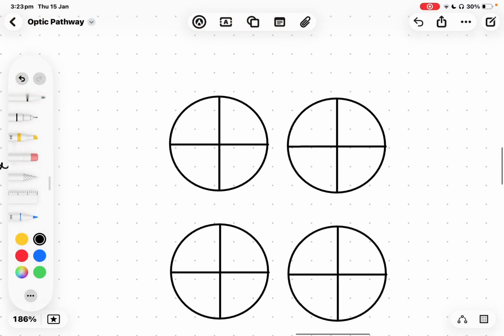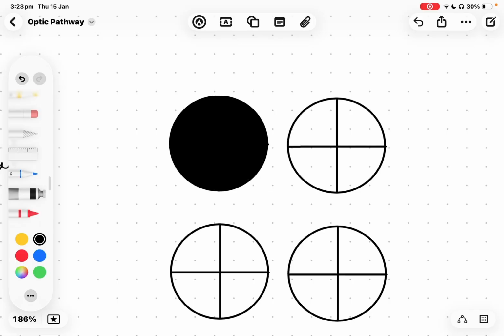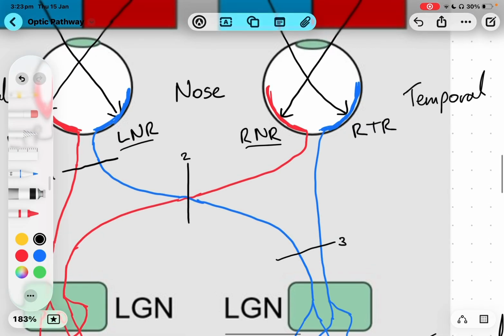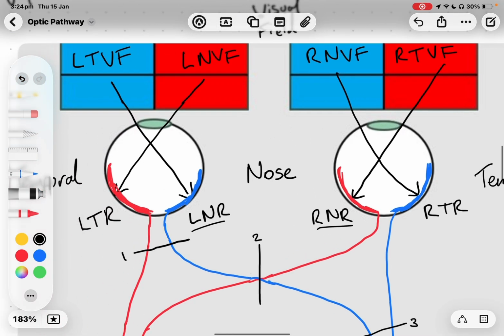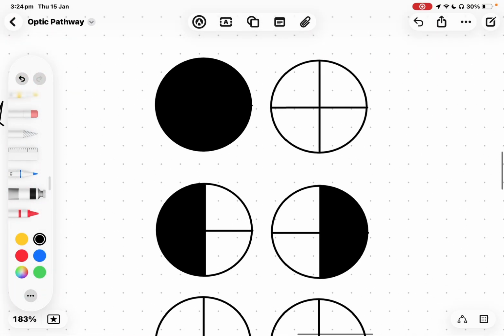And so that means we would have total blindness in the left eye. If we look at number 2, we can see that none of the right temporal visual field is going to make it back, and none of the left temporal visual field is going to make it back, which means that we lose this.